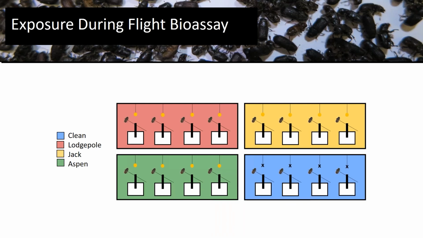And then they were treated with one of 4 treatments. Either they did not have phloem discs positioned in the arena, shown by the X's in the blue box, and that's the clean air treatment, or they had phloem discs from one of the tree species. So either lodgepole pine, shown in red, jack pine, shown in yellow, or trembling aspen phloem, shown in green.